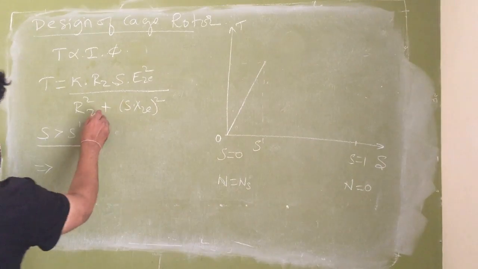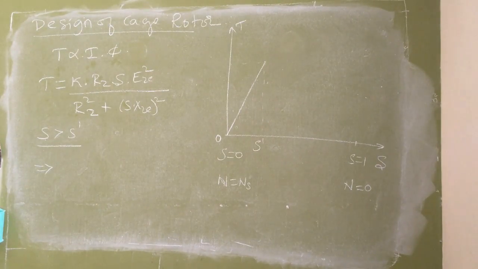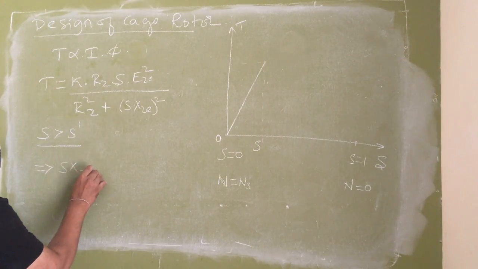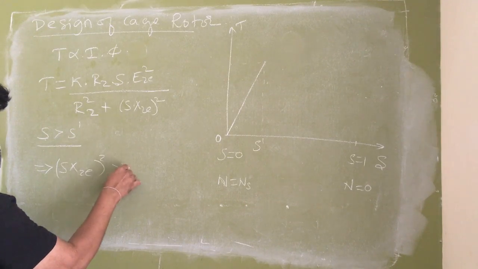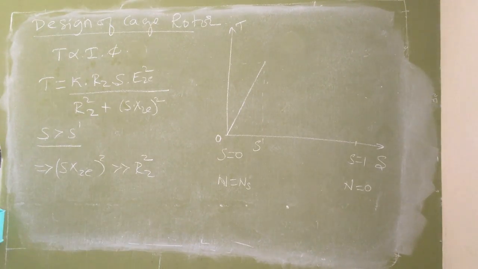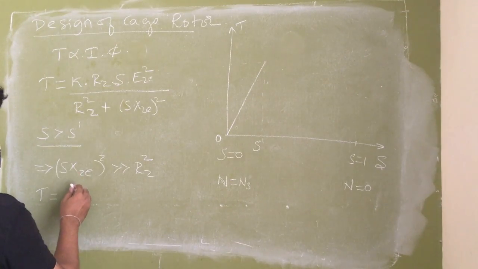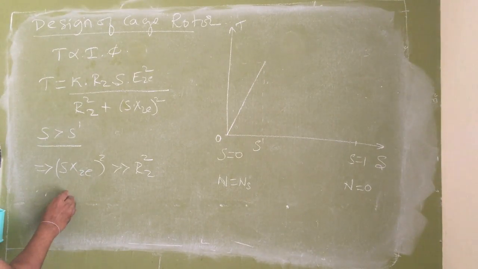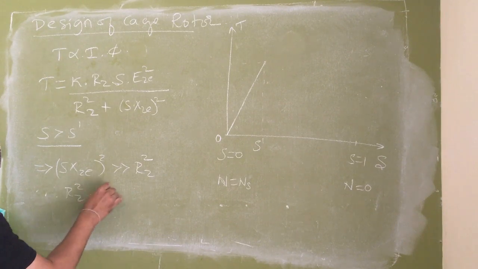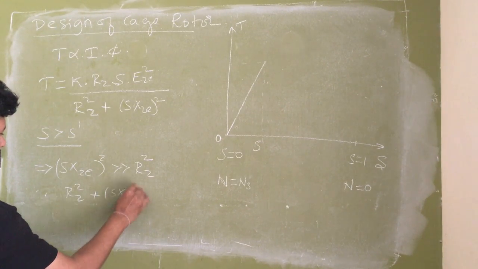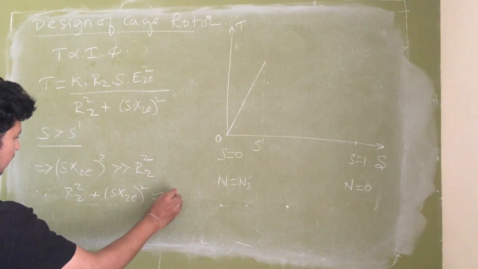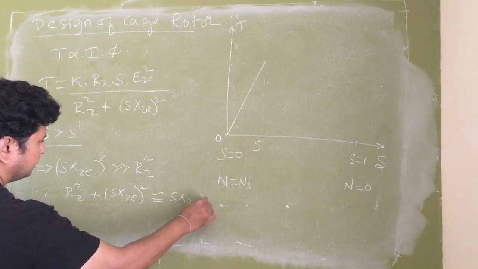My reactance will always be very much larger than the resistance. So my S X2E square will be greater than R2 square. Therefore, R2 square plus S X2E square will be nearly equal to S X2E square.